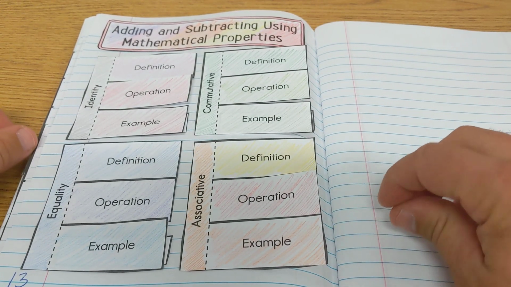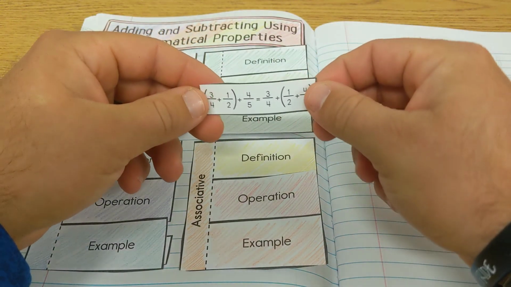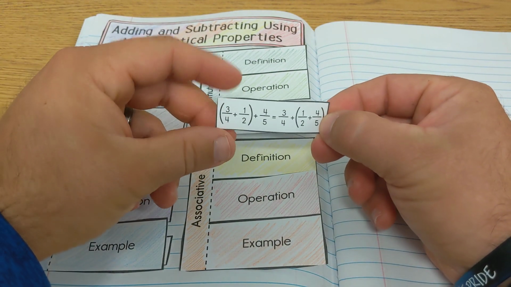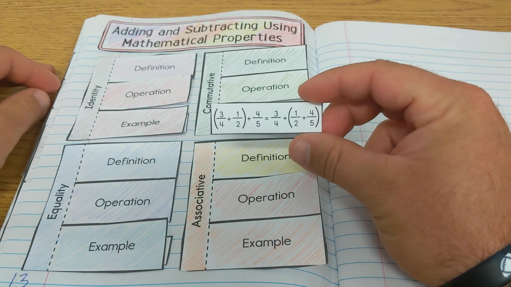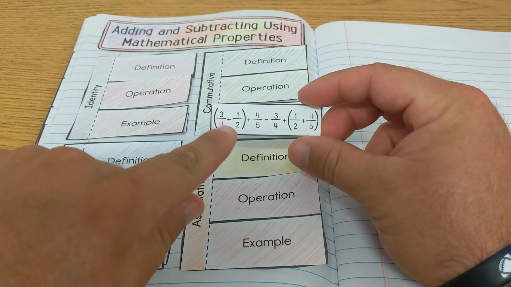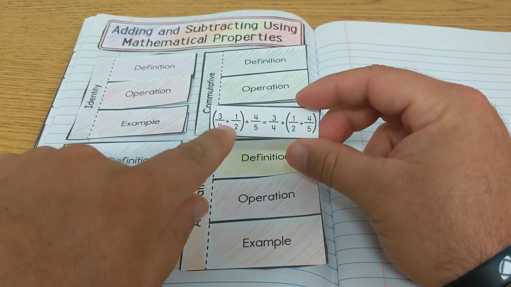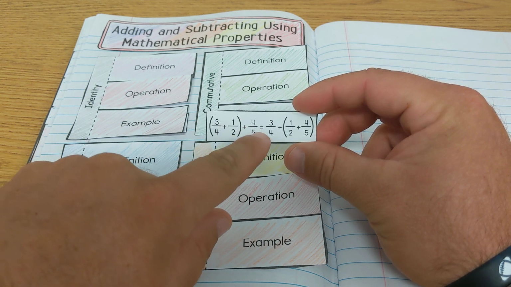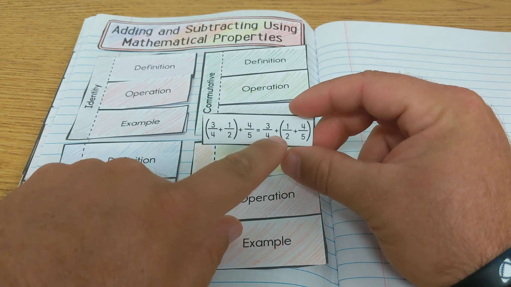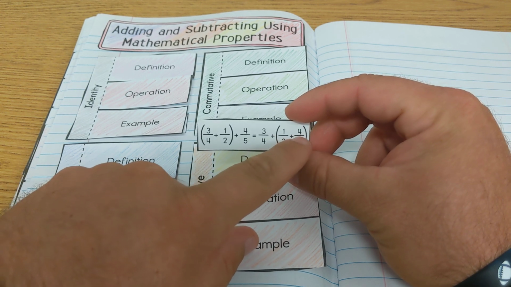Now, the only one that we're left with is associative. And this is what the associative property looks like. 3/4 plus 1/2, and they're grouped by the parentheses, plus 4/5 is equal to 3/4 plus 1/2 plus 4/5.